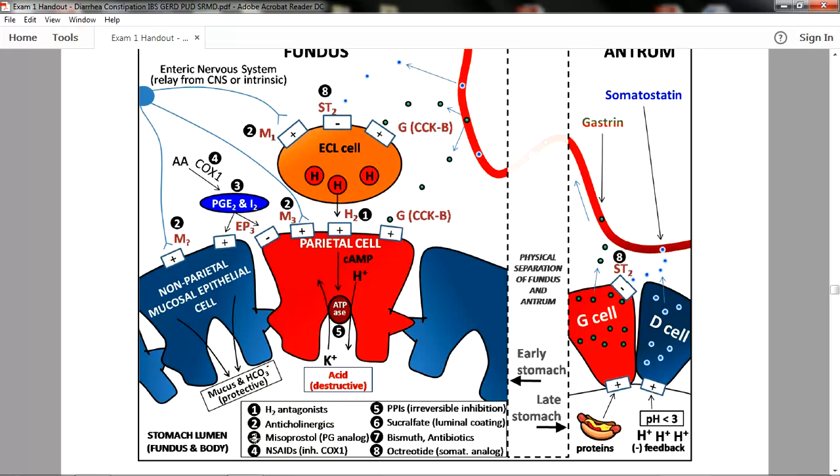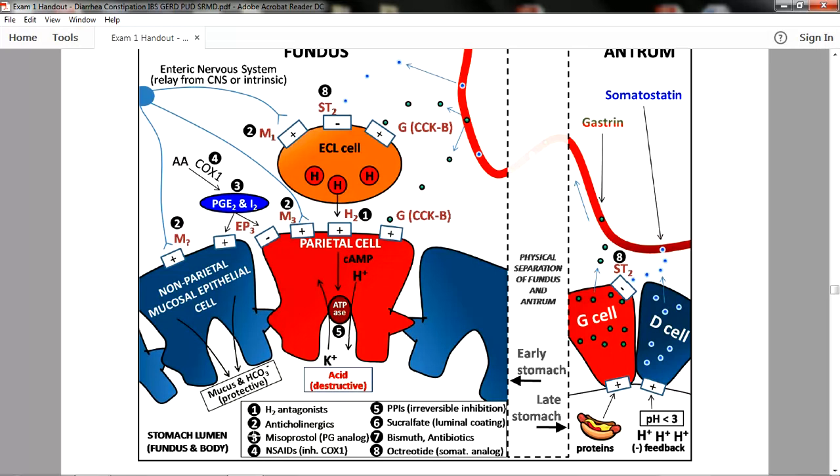Misoprostol is not a super common drug because it has a lot of side effects. Okay, that's also pregnancy category X. I remember working in the retail pharmacy setting. The cap on the bottle of that would have a warning directly on the cap about not using in pregnancy. So it's very important to understand that.